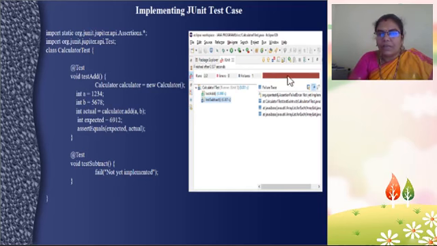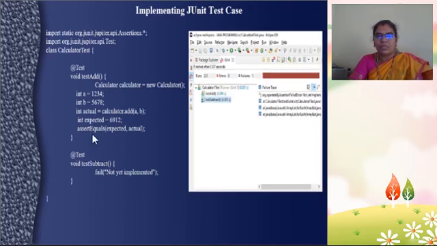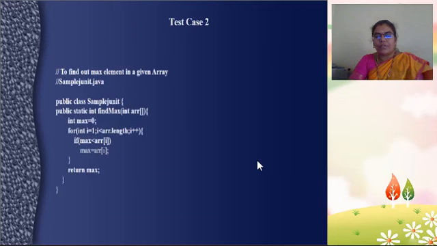We discussed that the red statement shows false, that is your program contains some errors, and the green is used as an indication to show me that my program is free from errors. So when the expected result is found, it will show me the green signal, otherwise it will show the red signal. That is described here. Assert equals expected and the actual result. If both are equal, it will show me the green symbol.